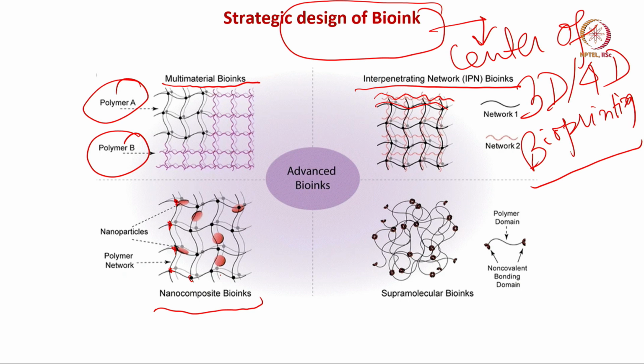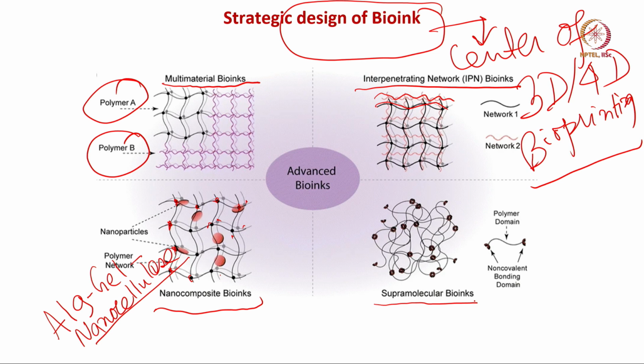In a subsequent lecture, I will show you sodium alginate, gelatin and nanocellulose. Nanocellulose is the nanoparticle which is essentially embedded in the alginate-gelatin framework. The fourth generic type is the supramolecular bioinks. You have a polymer domain and a non-covalent bonding domain.